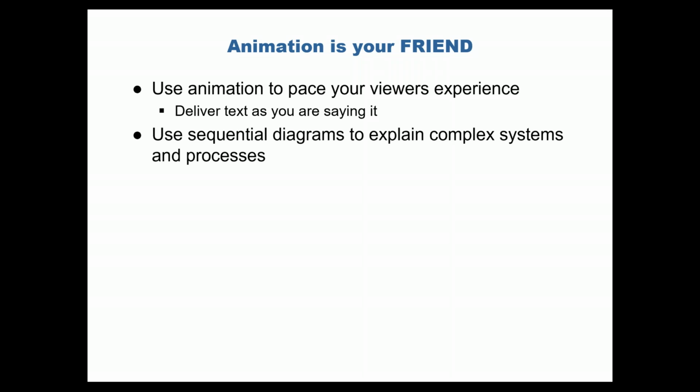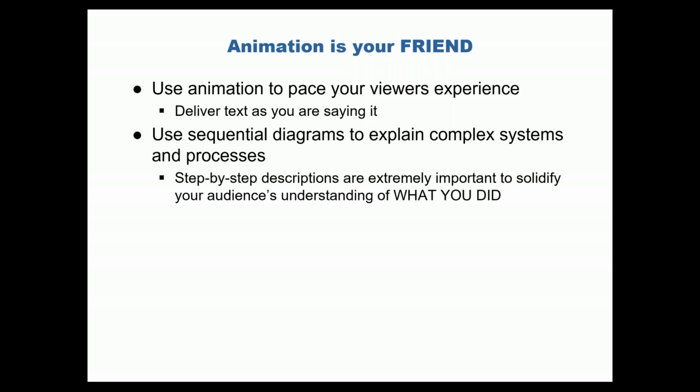Now, in science in particular, we often have some complexity that we need to describe, multi-step processes, etc. And this is a place where sequential diagrams and animations can be enormously helpful for your audience to understand exactly what the key steps were in a process. Step-by-step descriptions are extremely important to solidify your audience's understanding of what you did, for example, in an experiment.